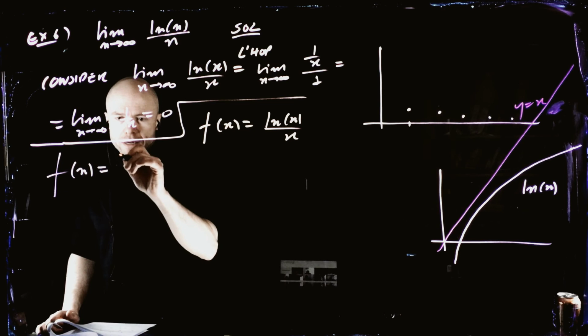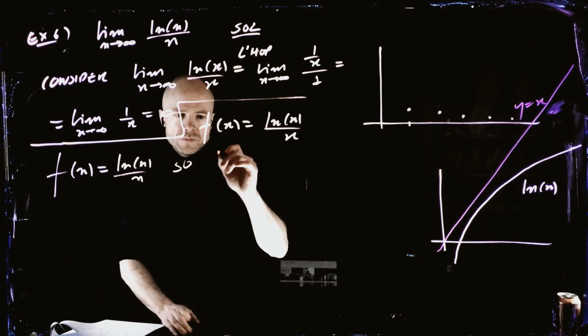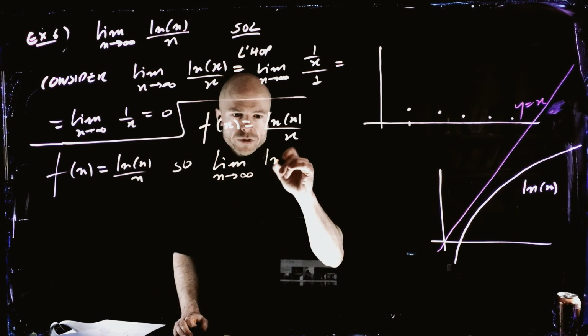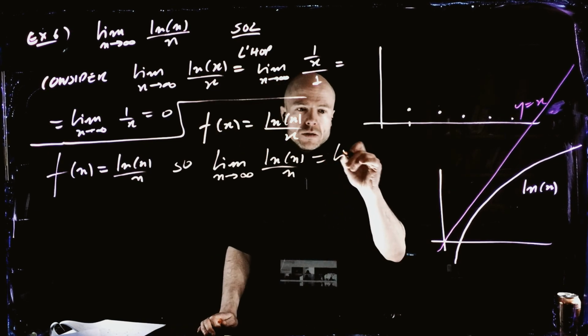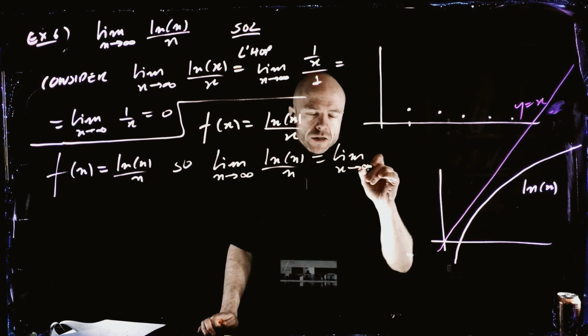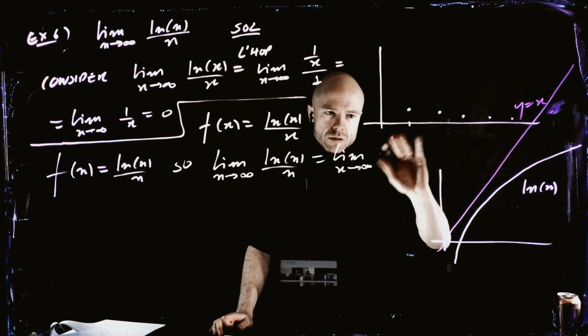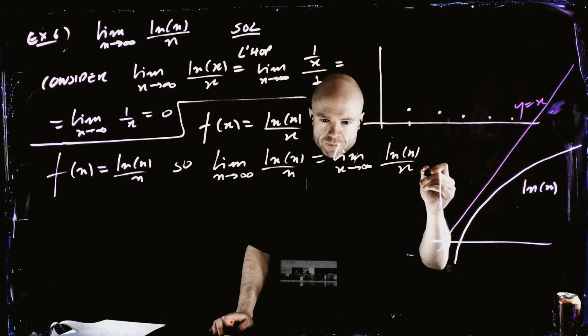It's equal to these guys. So by this theorem, the limit as n goes to infinity of the sequence is the same as the limit of the function as x goes to infinity. Yeah? Do you see what I mean?